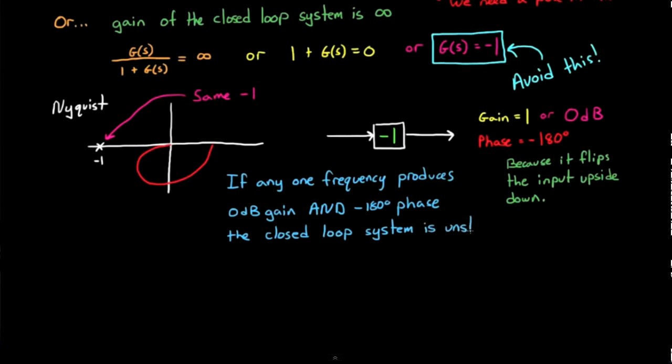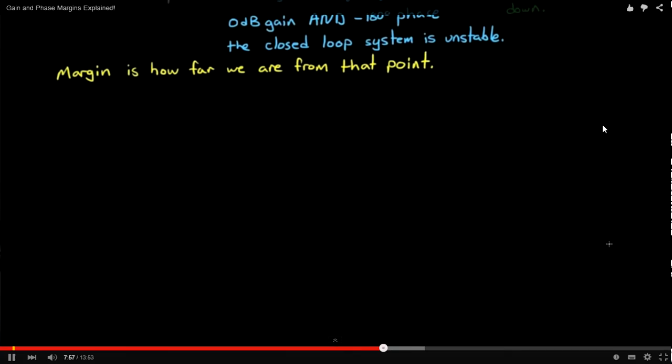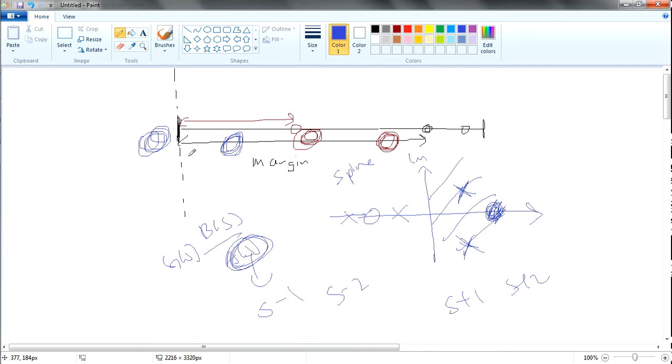So now we can finally quantify what we mean by margin. Margin tells us how far away from the -1 point, or 0 dB and minus 180 degrees phase, we really are. So this gain margin is actually, this is the limit, and this limit is -1. Then it is how far away from this -1 we are.